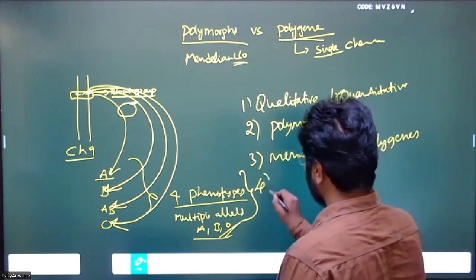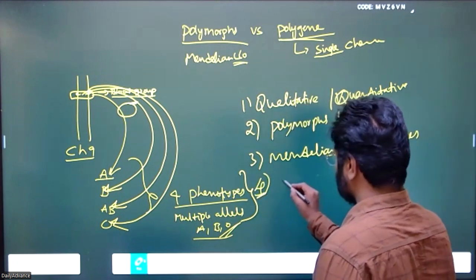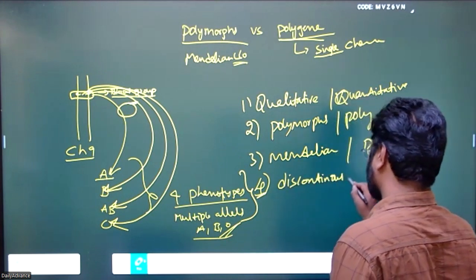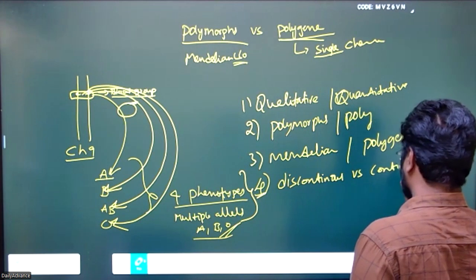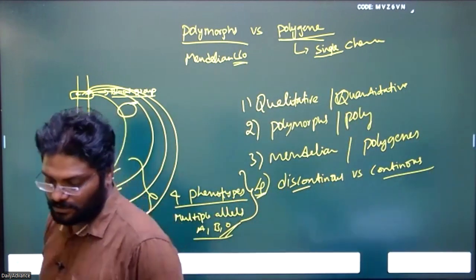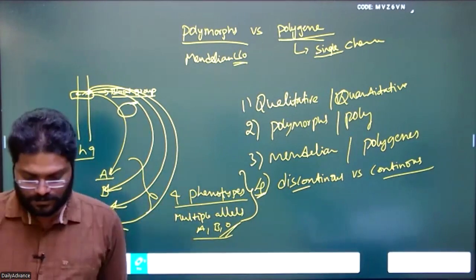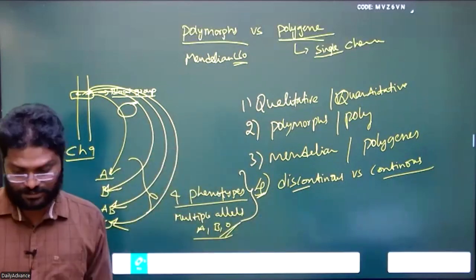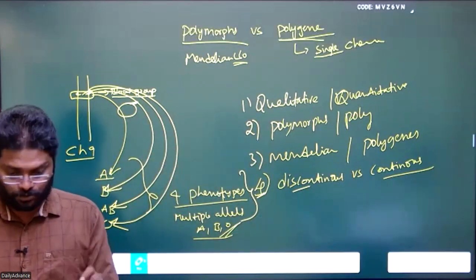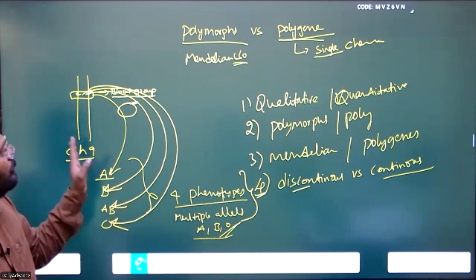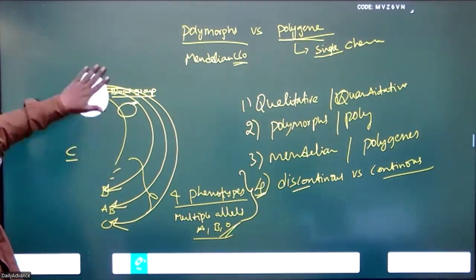And the fourth one, you can see, discontinuous versus continuous. So they might use different terminology, but the answer is the same. Understand? The answer for all these questions is the same. To confuse the students, they use different terminology. So you should be careful about this one. So this is all about the second one.